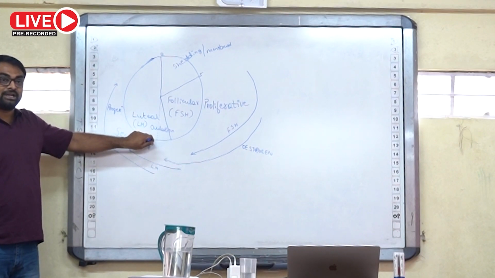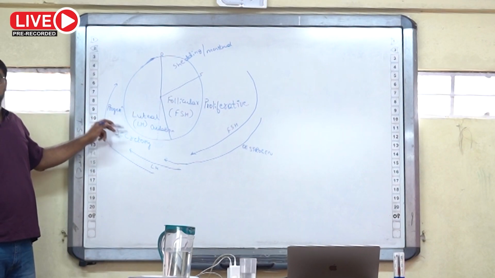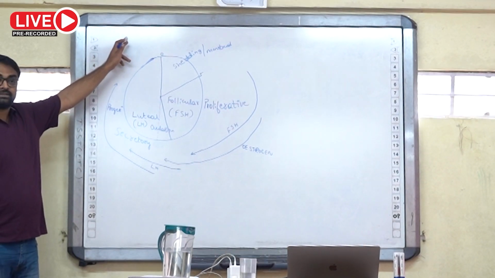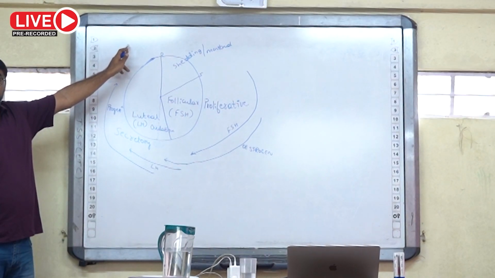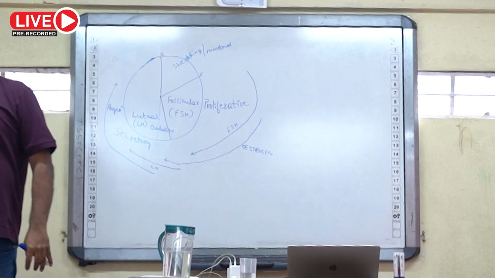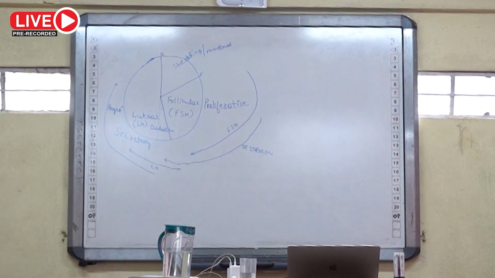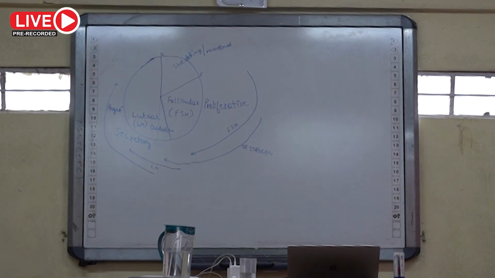Around the ovulation time, after ovulation, progesterone is produced. That works for about 10 days, waiting for implantation to occur. So if you look at it, the longest acting hormone on the uterus is progesterone. Progesterone acts for a longer period of time.